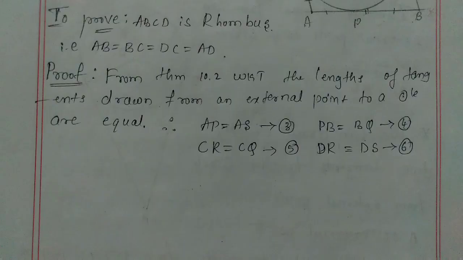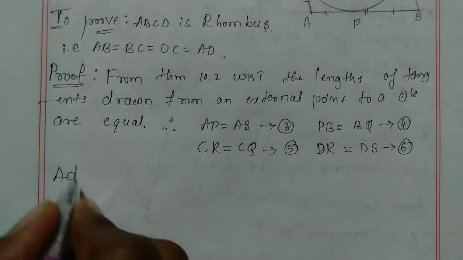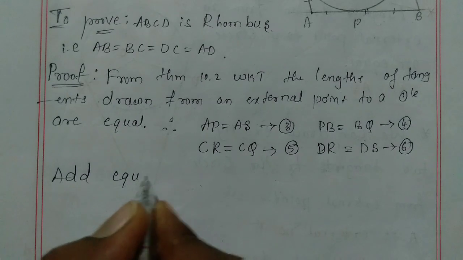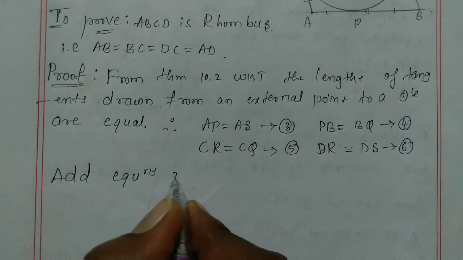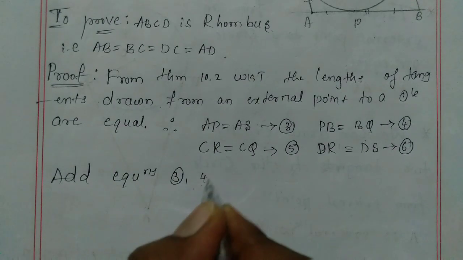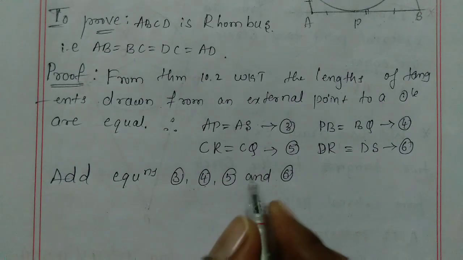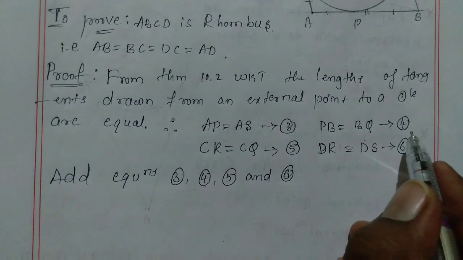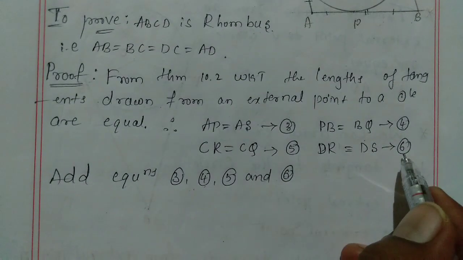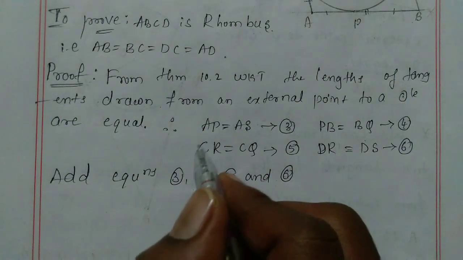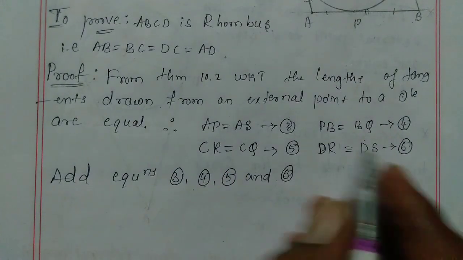Next I will add here equations 3, 4, 5 and 6. Okay, so this is third equation, fourth equation, fifth and sixth. Okay, I will add here all these 4 equations.